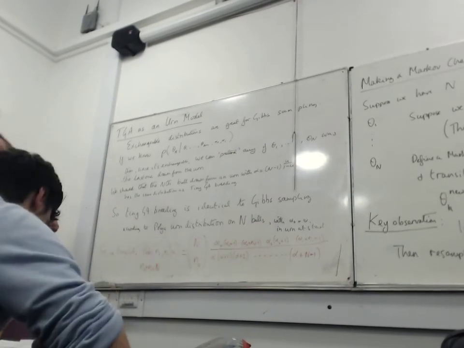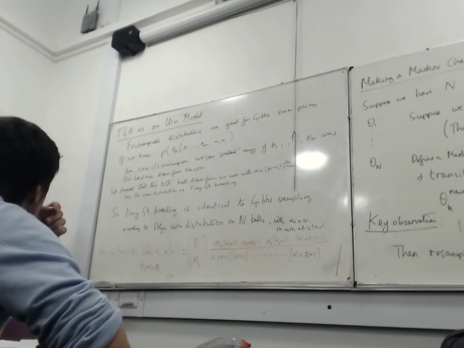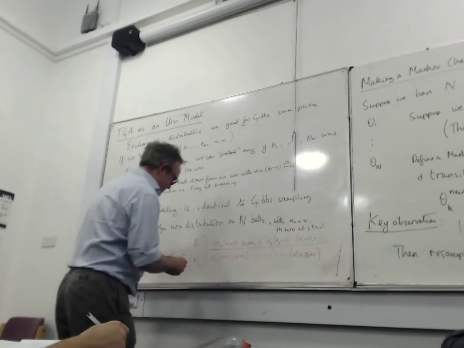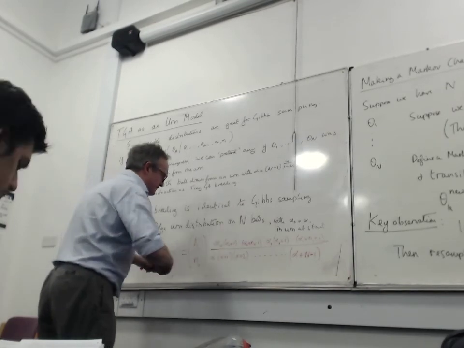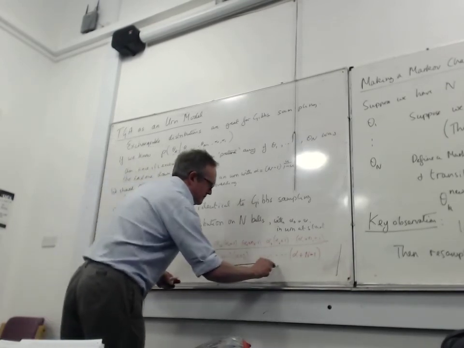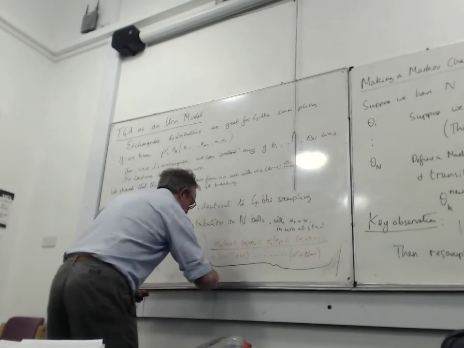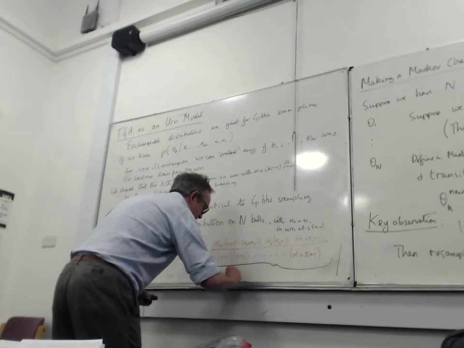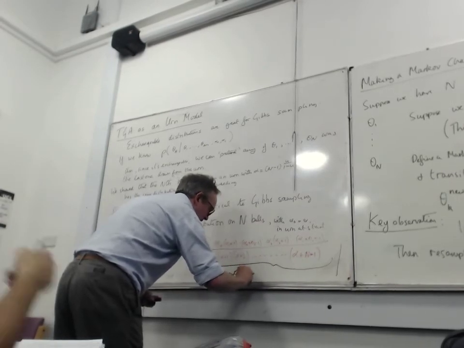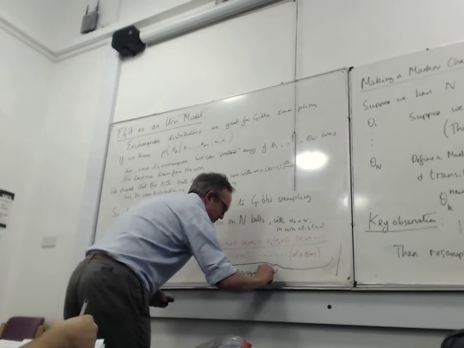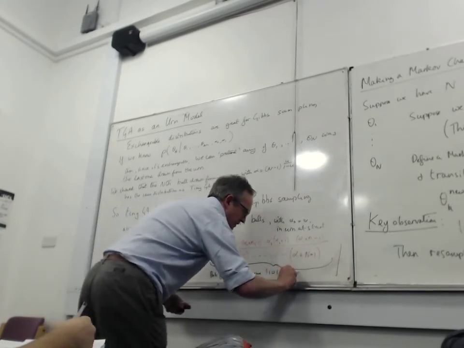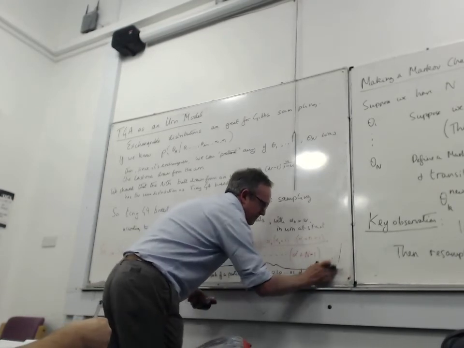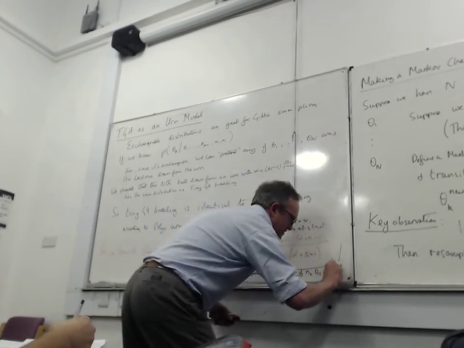Sorry, before we do, the binomial coefficient, that was... Right, okay. This is the probability of a particular sequence, say 1, 1, 0, 1, 0, 0, 1 of n0 zeros and n1 ones.